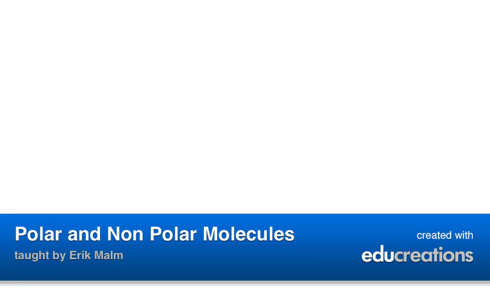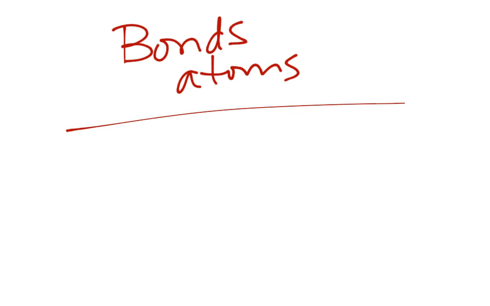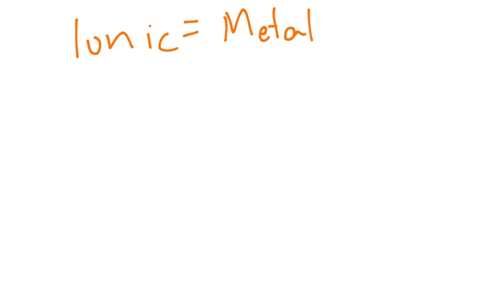Alright, so in the section we just got done, we were looking at bonds between molecules, or between atoms. We said that there were three major types. We had ionic bonds, which were between a metal and a nonmetal.